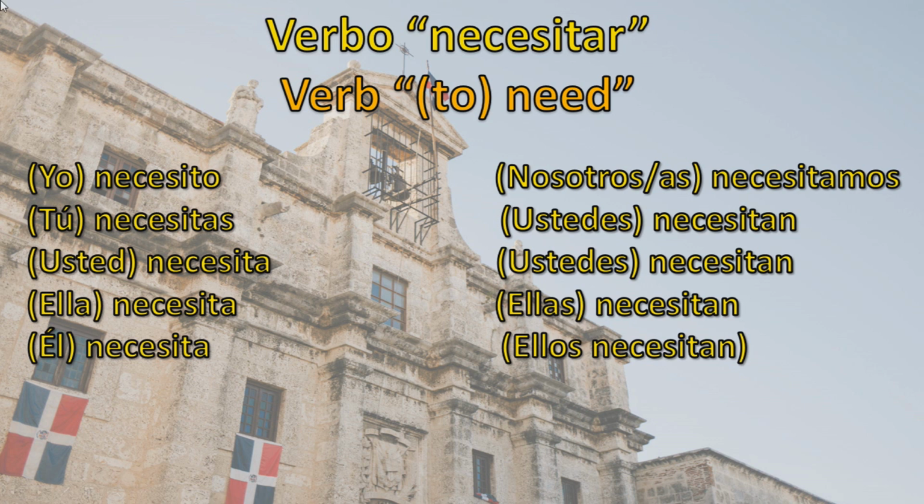So I say, yo necesito, tú necesitas, usted necesita, ella necesita, él necesita, nosotros necesitamos, or if it is a group only composed by women, nosotras necesitamos, ustedes necesitan, ellas necesitan, and finally, ellos necesitan. Okay? Let's move on.